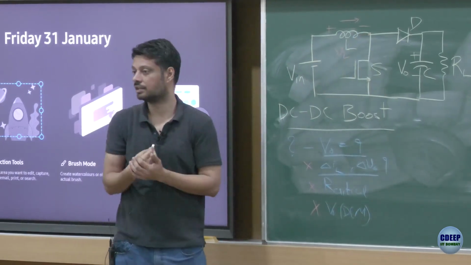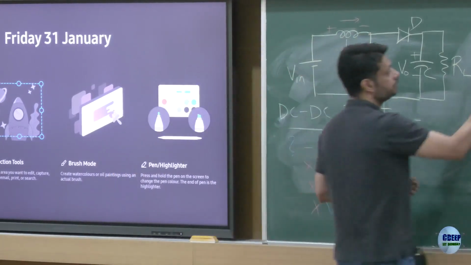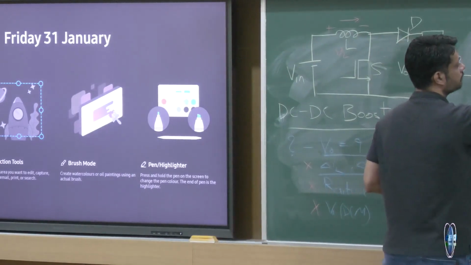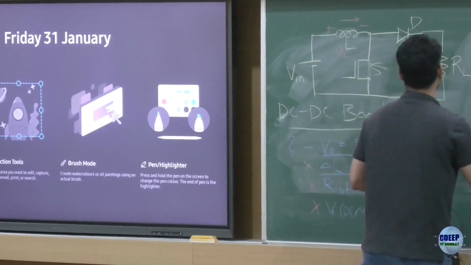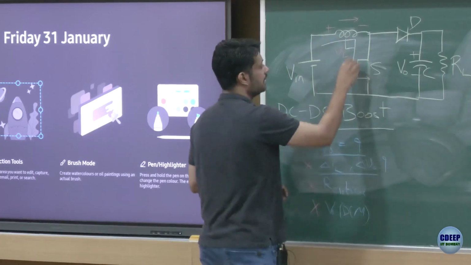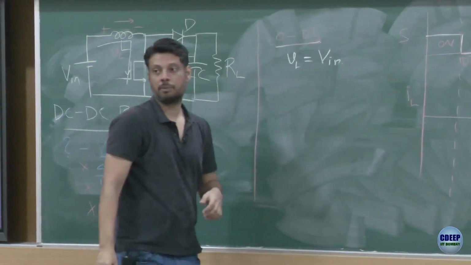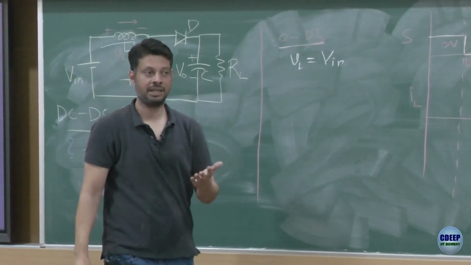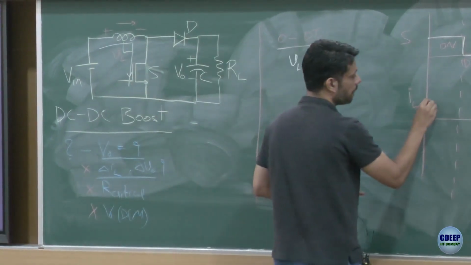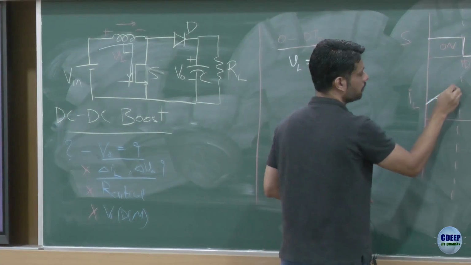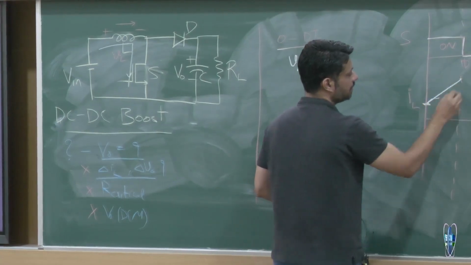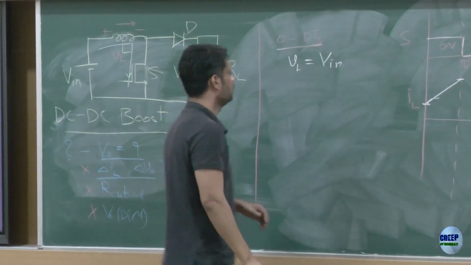So voltage across inductor is V in. And the current will flow in this loop. Since voltage is positive, the current will have a positive slope, V equal to L di by dt, and current would rise, starting from some initial value to some higher value.